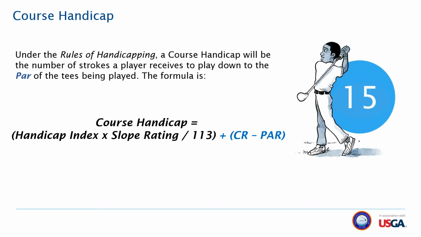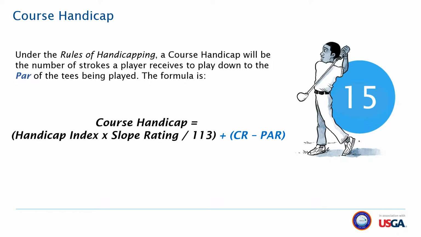And by applying the course rating minus par adjustment, in essence, it simplifies the process of making the 3-5 adjustment for stroke allocation for players playing from multiple tees, making it a lot easier for club chairs or coordinators to not have to do the extra calculation, because it automatically factors it into the calculation for course handicap, as long as you're selecting the correct tee that they're playing from.